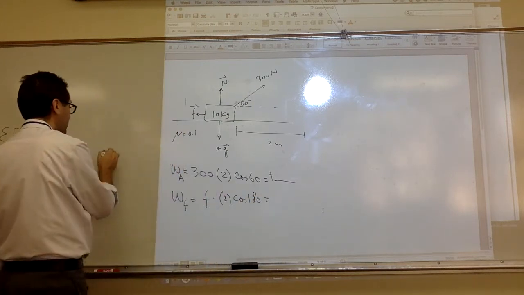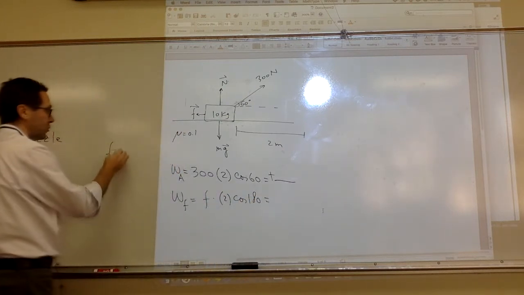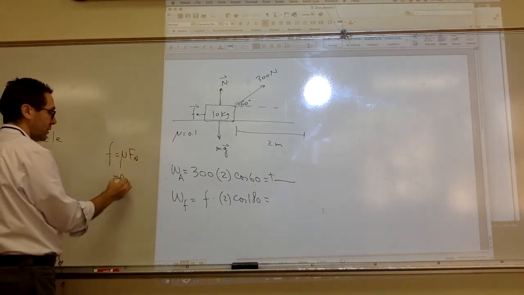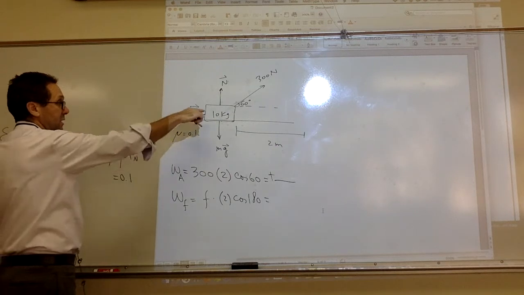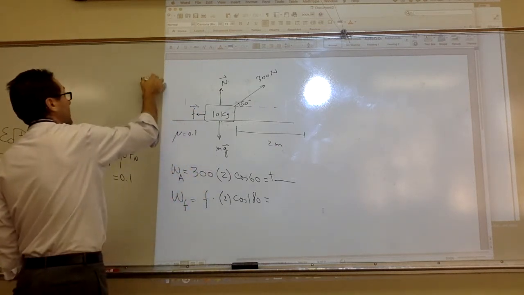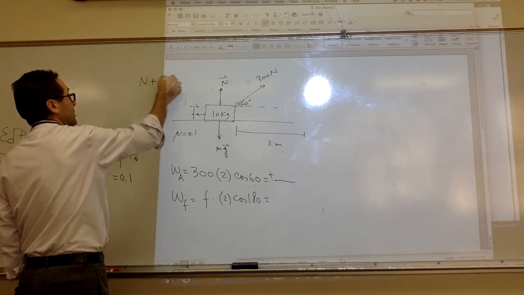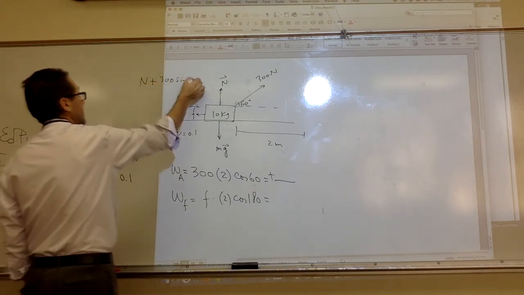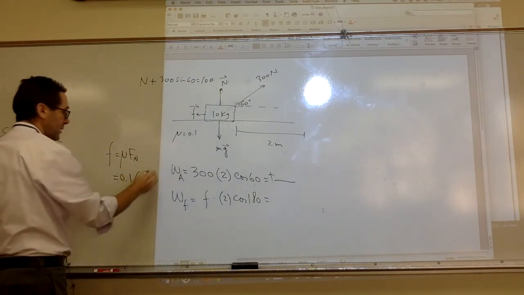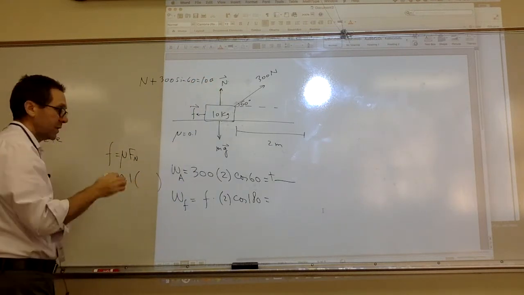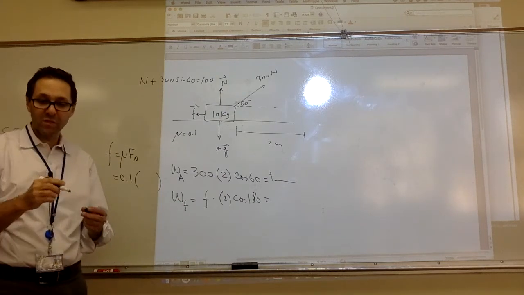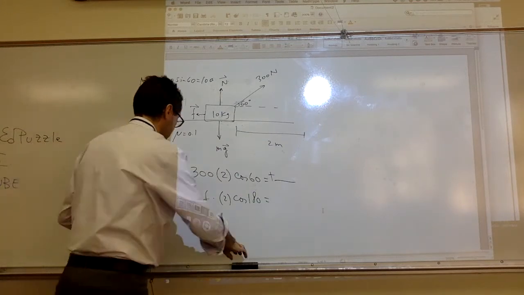Now the force of friction is equal to mu times Fn, and mu is 0.1. For Fn, we can calculate that: N plus 300 sine of 60 is equal to mg, which is 100. So you can figure out your N, put it in there, and figure out the work done by friction. So work is specific to certain forces.